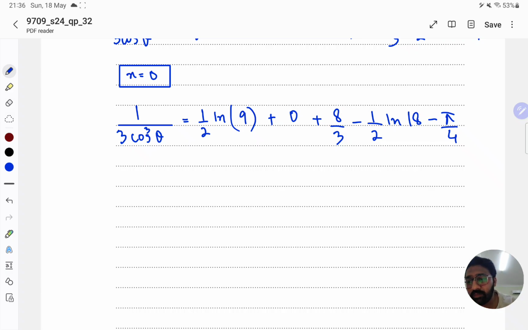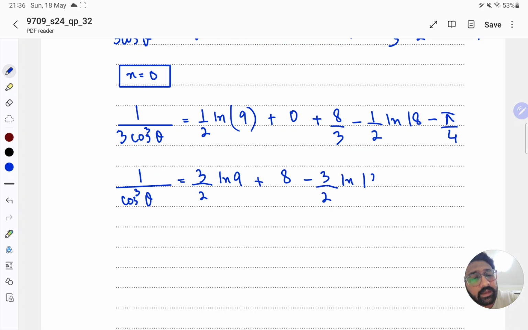If I further simplify, I'll take this 3, it's multiplying, dividing here, I'll take it to the other side. It is going to be dividing here, it will multiply on the other side. I'll be left with 1 over cos cube theta equals 3 over 2 ln 9 plus 8 minus 3 over 2 ln 18 minus 3 pi by 4.